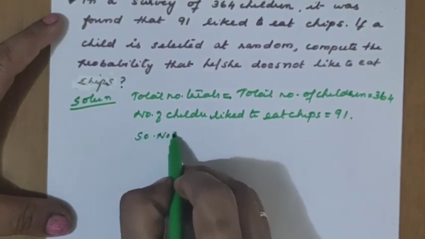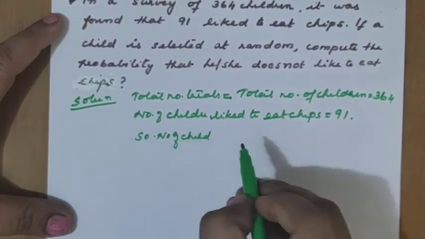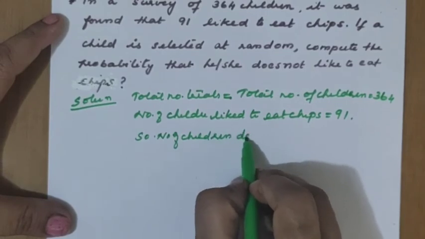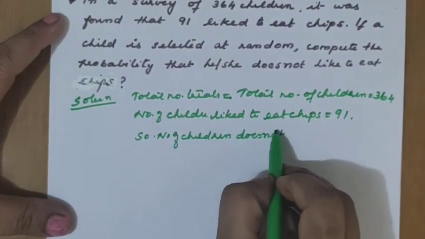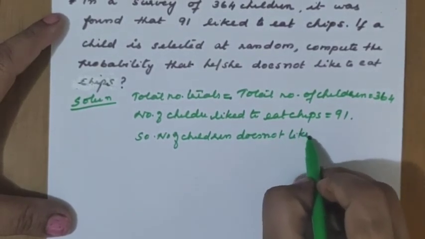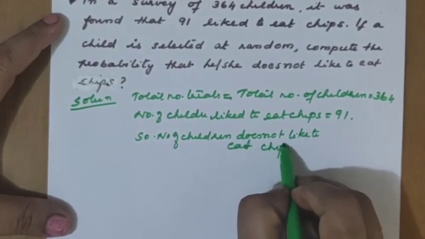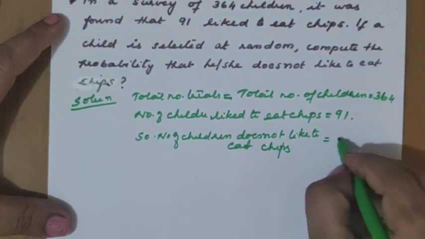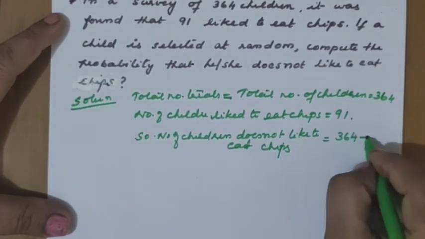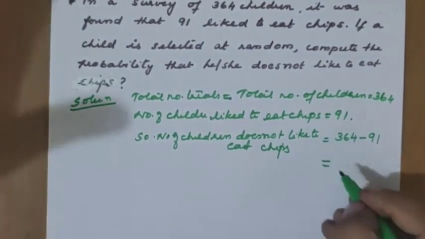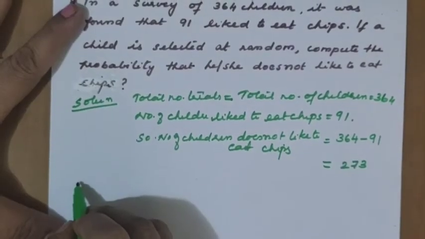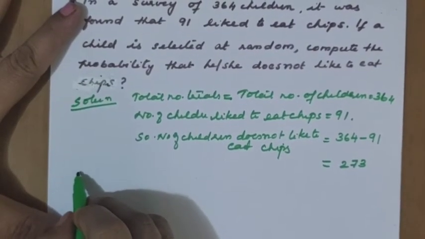So number of children who do not like to eat chips equal to 364 minus 91. So for any event E, what is the empirical probability?